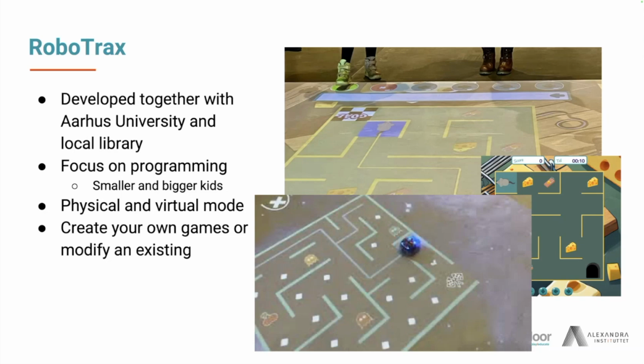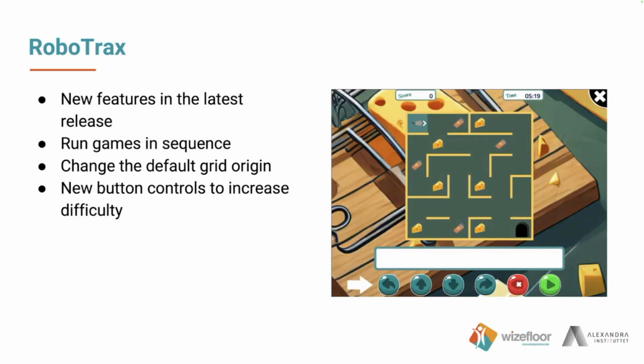So yeah, we also just launched some new RoboTrax games, treasure hunt themed, but I'm gonna show that. So we worked a little bit on some new features. And now it is possible to run the games in sequence, which means that when you got the mouse into the goal, like the mouse hole, you can continue to the next game in a better flow.